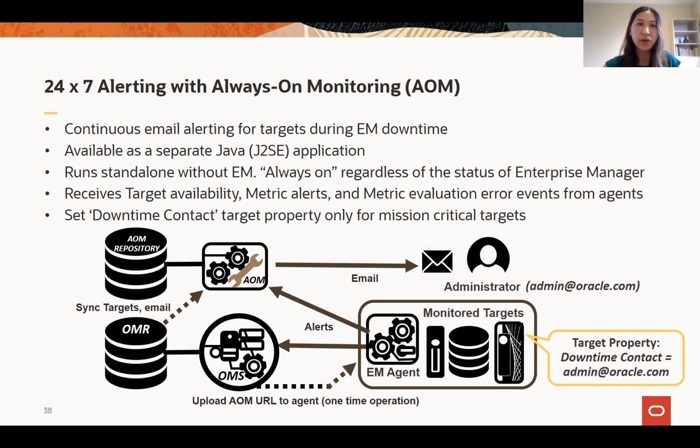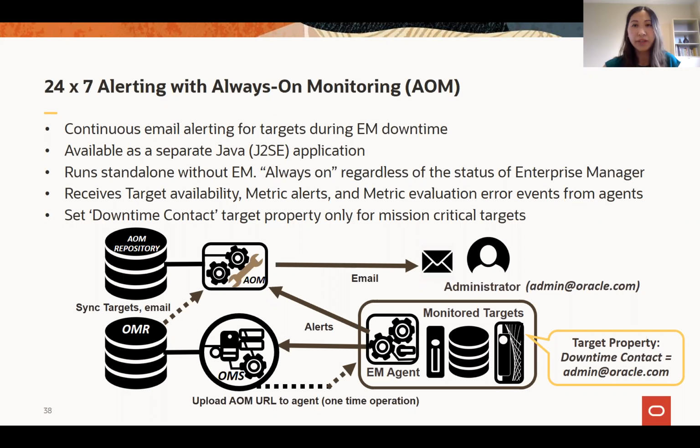So if you only want to be notified for your mission critical targets during planned EM maintenance, you only need to define the downtime contact target property for those mission critical targets. This is a new target property we created for the specific purpose of AOM.